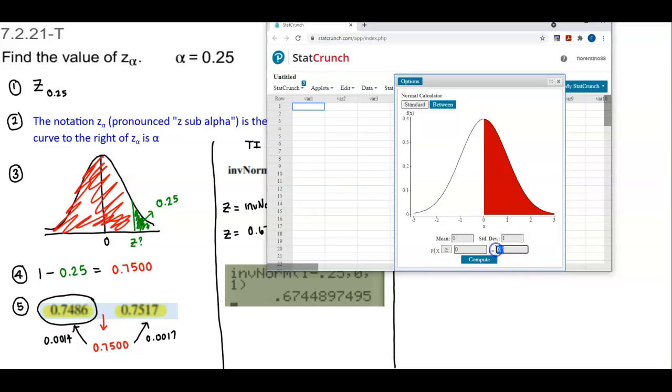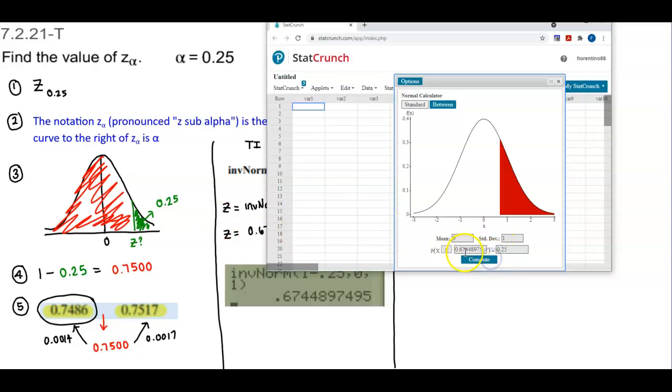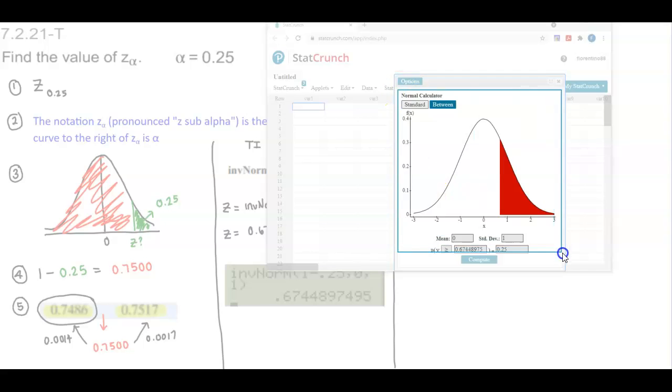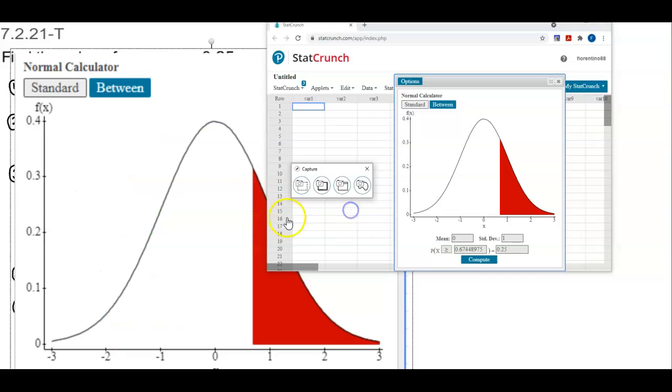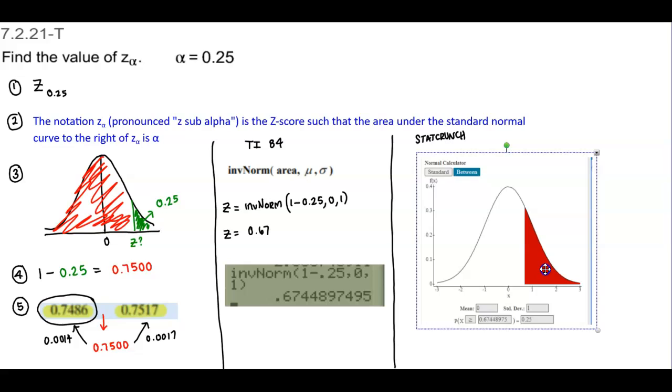So we put our area in there of 0.25 and select Compute. You can see here what we get: the value of 0.67 as our z-score. So again, that is one way you can see how the picture tells us that this z-score is 0.67.